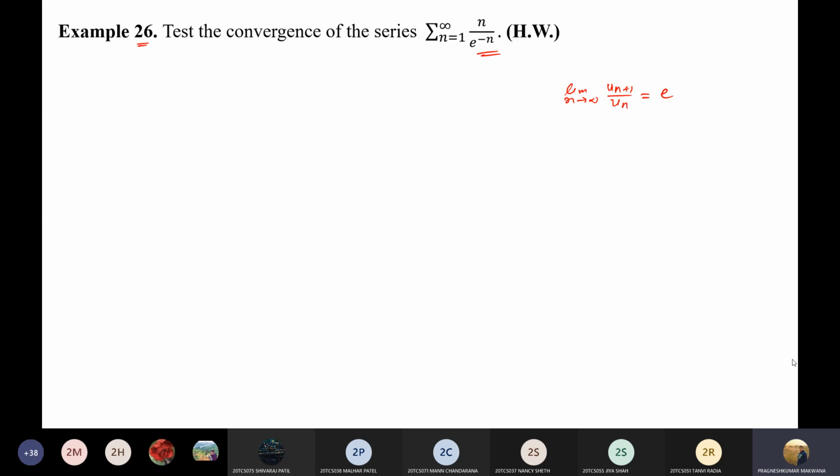Sakshi, the same answer? Sakshi Patel. Yes, sir, zero. Sir, I'm getting 0. The limit answer is 0.